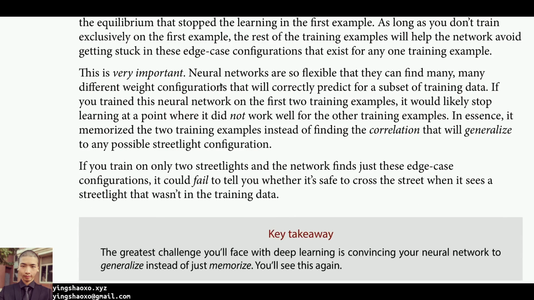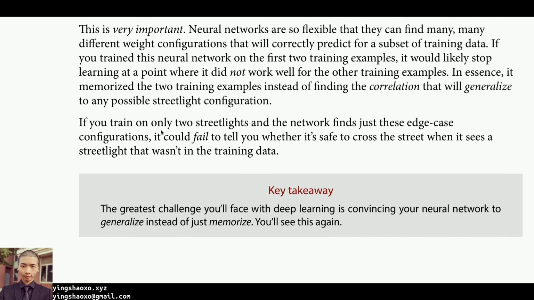This is very important. Neural networks are so flexible that they can find many different weight configurations that will correctly predict for a subset of the training data. If you trained this neural network on the first two training examples, it would likely stop learning at a point where it did not work well for the other training examples. In essence, it memorized the two training examples instead of finding the correlation that will generalize to any possible streetlight configuration.